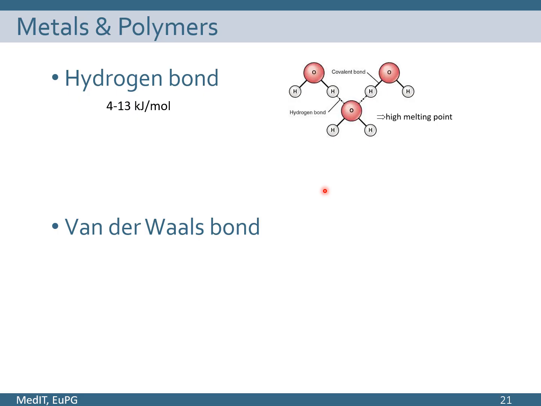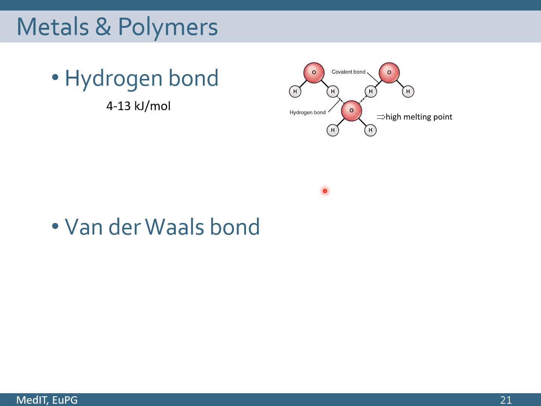Because of this bond, which does not exist between molecules of CO2, for example, it takes more energy to vaporize water than to vaporize CO2. Okay, this hydrogen bond, this chemical bond is weak, but it's not zero. So again, it takes more energy to vaporize water than to vaporize CO2.